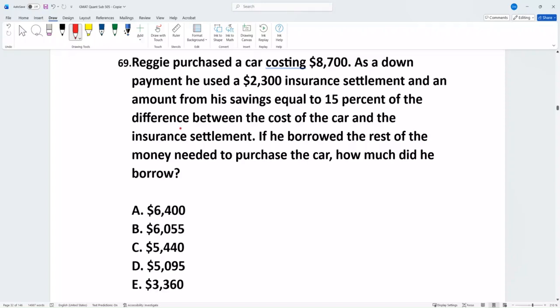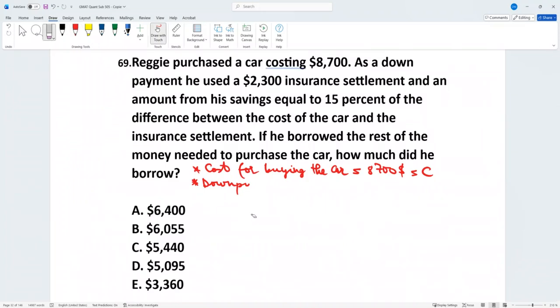So we will say that the cost for buying the car is $8,700, and we are going to call it C. And we will have a down payment. Let me write it well.